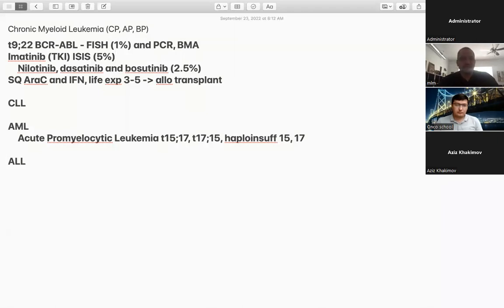But other than that, all of their approvals are really just based on changing surrogate endpoints. There is actually no difference in overall survival for them. And there's a big move in the US to start moving away from using nilotinib, dasatinib, and bosutinib in the first line, because they're dramatically more expensive. And really what they've been shown is they make you hit milestones like complete cytogenetic remission and molecular remission at different and better time points.